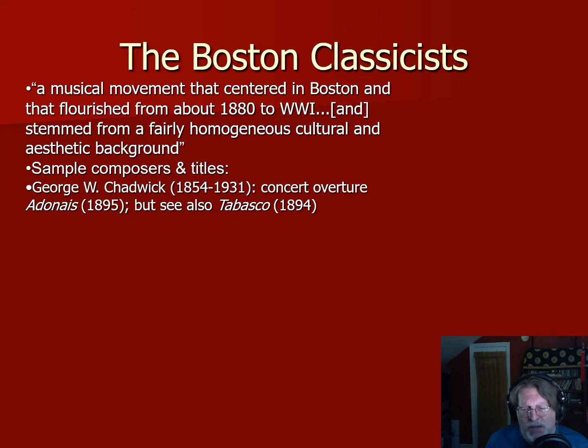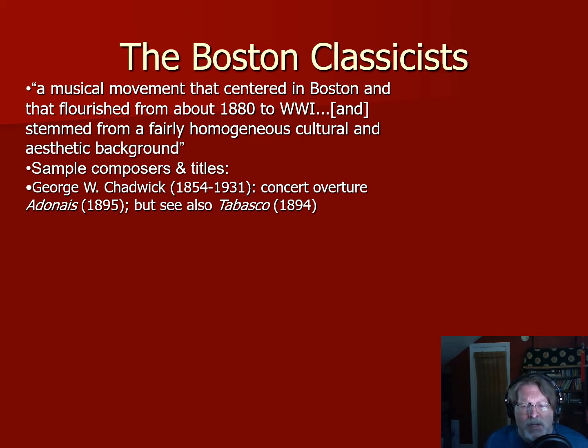I'd also just like to mention a personal favorite, which is his burlesque opera, almost an operetta called Tabasco, which is interestingly set on the Lower East Side of New York at a time when the Lower East Side of New York was an immensely culturally diverse immigrant neighborhood and had been for at least 100 years.